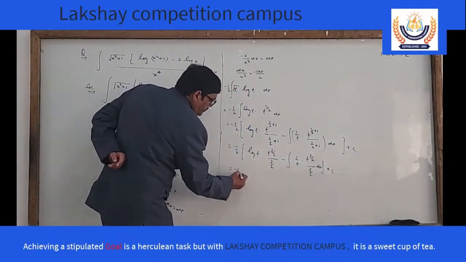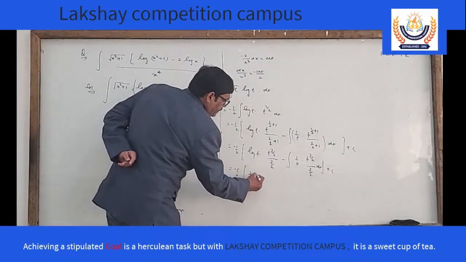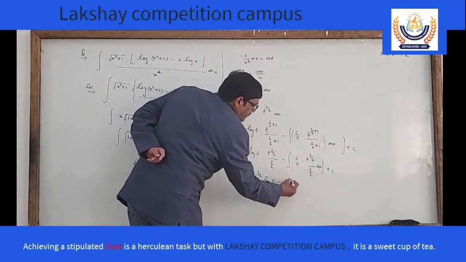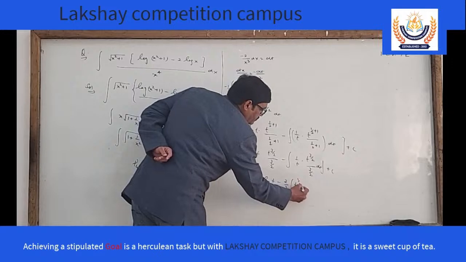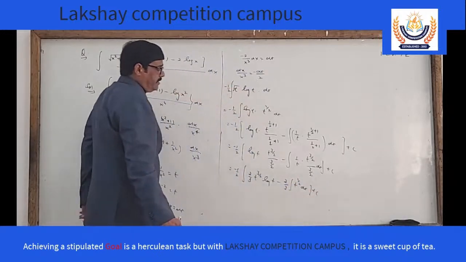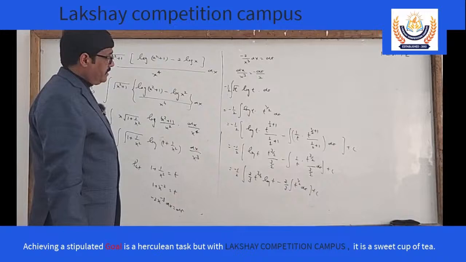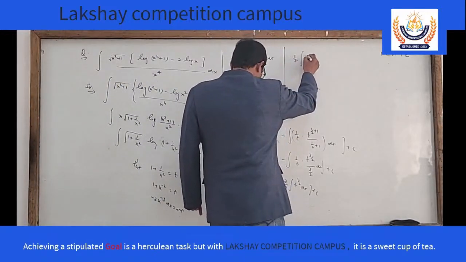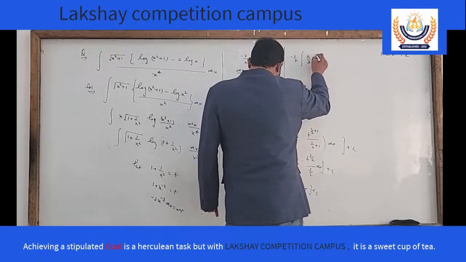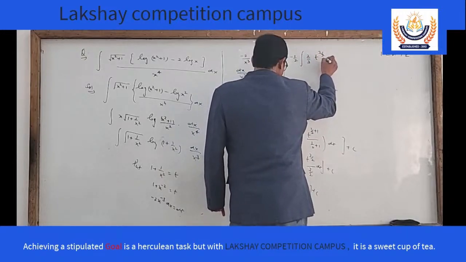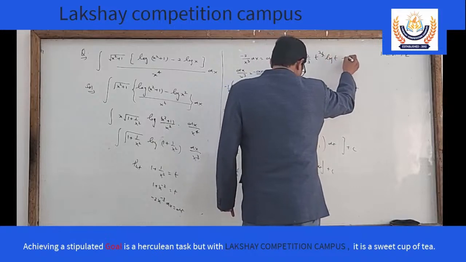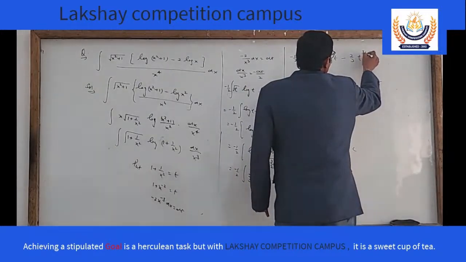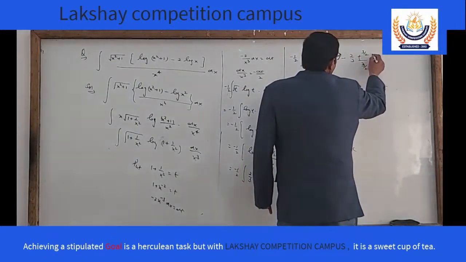What do we have? Minus 1 by 2, 2 by 3, t raised to power 3 by 2 log t minus 2 by 3, t raised to power 1 by 2, dt. And now you find the integration of t raised to power 1 by 2, that is 2 by 3, t raised to power 3 by 2, by n plus 1.